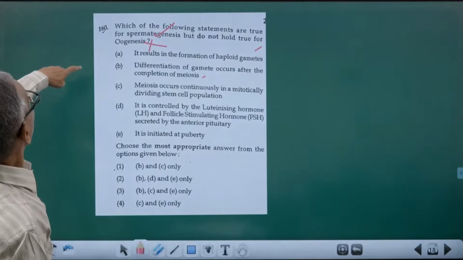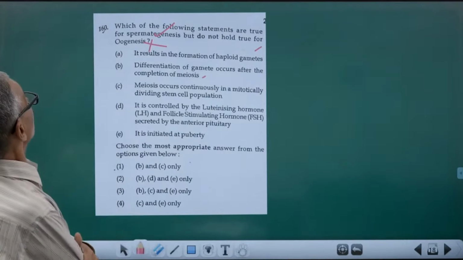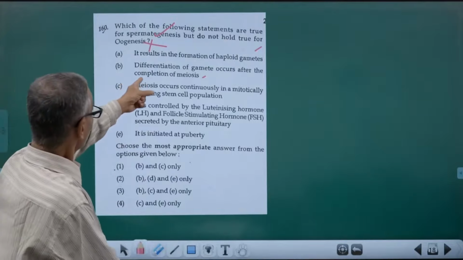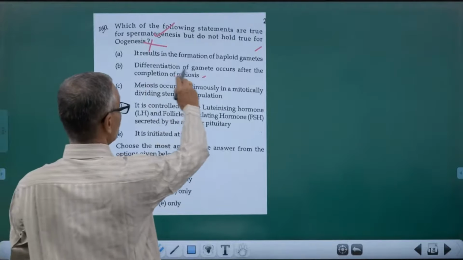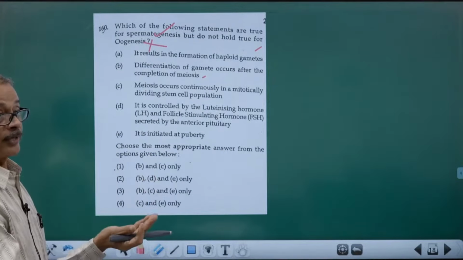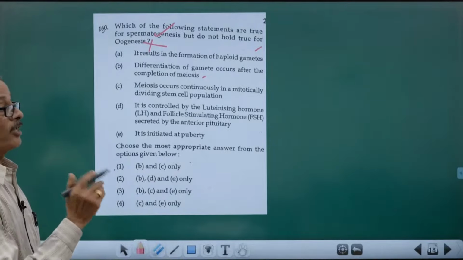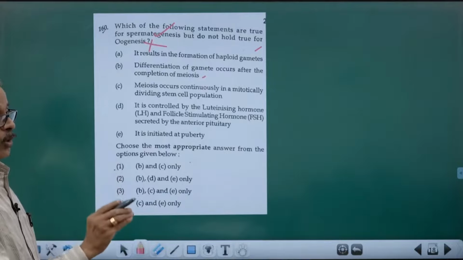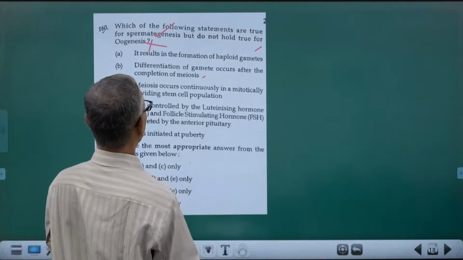Why is it not applicable to oogenesis? See, in the male gamete, differentiation of the gamete takes place. Spermatid will be undergoing the second stage, that is called spermateleosis or spermiogenesis. Then only it becomes a gamete.